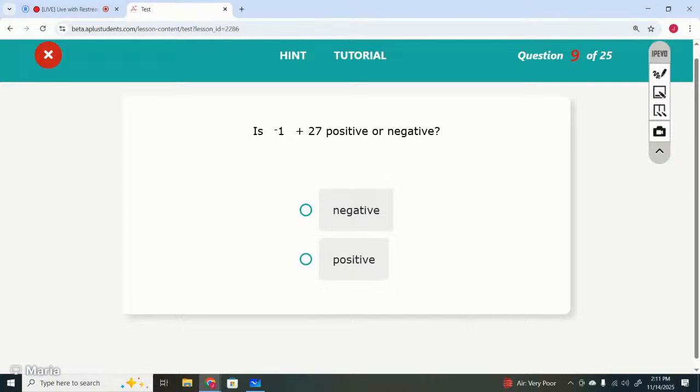Is negative 1 plus 27 positive or negative? Positive it is.